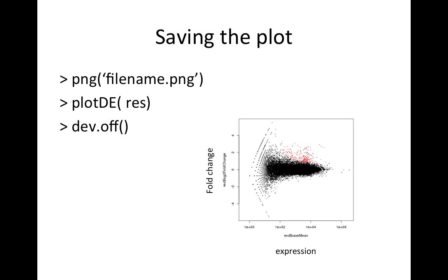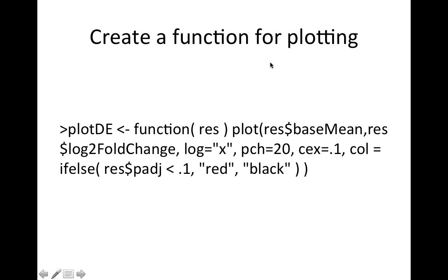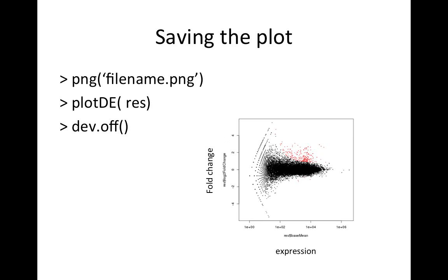Once you have the plot, you want to save it, and we actually haven't created it at this point. At this point, we've created a function to make a plot, but we have not made a plot yet. You're going to want to save this plot, so you're going to open a device called PNG, which is a type of picture file, and tell it that you want to name it whatever you want to name it, say filename.png, by using this command.